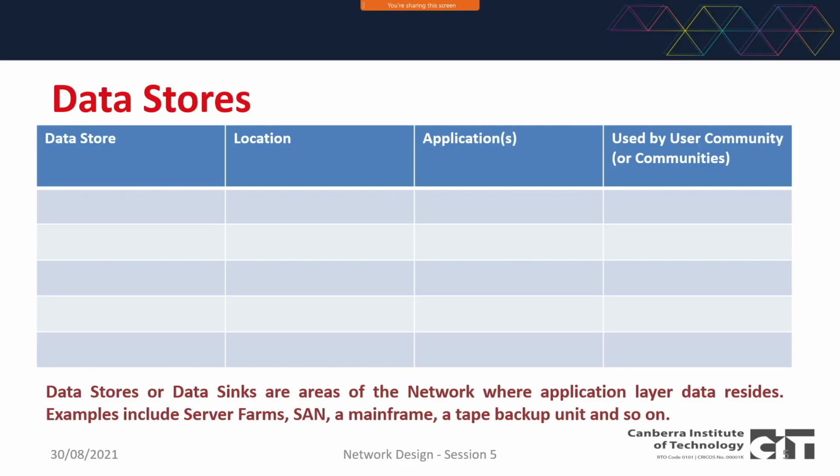So we just described what a data store is, the importance of a data store, and the importance of understanding the type of users that are utilizing and requesting access to the data stores. Now, if we understand the user communities, we understand the data stores, and we understand the traffic flow based on the user communities and the data stores, we are actually able to make smart decisions when we are designing a network.